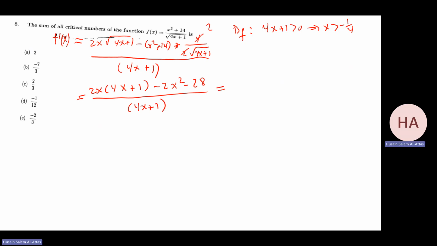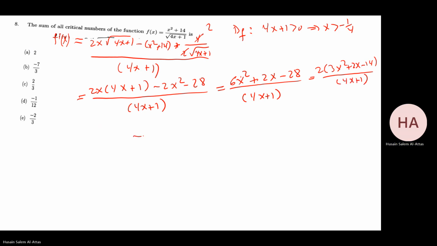That gives me 8x squared minus 2x squared, that will be 6x squared, plus 2x minus 28 over this. In other words, it's 2 times 3x squared plus x minus 14 over 4x plus 1, which is 2 times what? This is 3x.